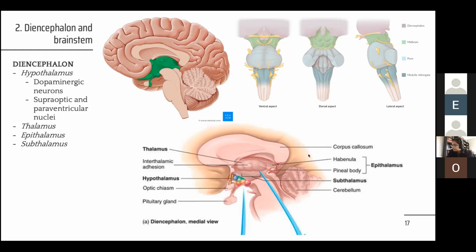The thalamus, on the other hand, I don't know how clearly you can see this. It's this bean-shaped thing over here. You have two of everything, but especially of the thalamuses, you have two thalami. They're connected by this interthalamic adhesion, which is this dot that you see in this picture. You can see it up here as well.